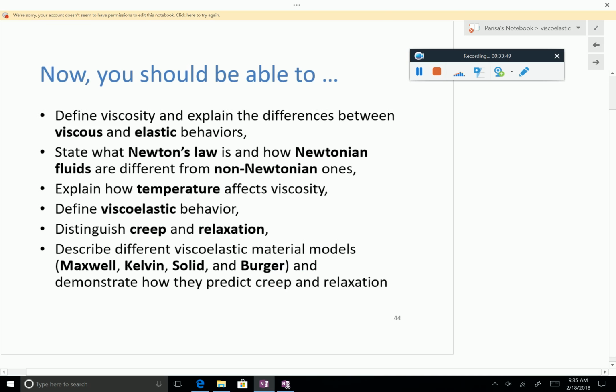Now, to wrap everything up, this actually wraps up the whole module 1. Let's go back and remember what we learned. We learned about viscosity. We learned that viscosity is the characteristic of viscous materials, and they are different from elastic materials in the sense that the deformation is time dependent.